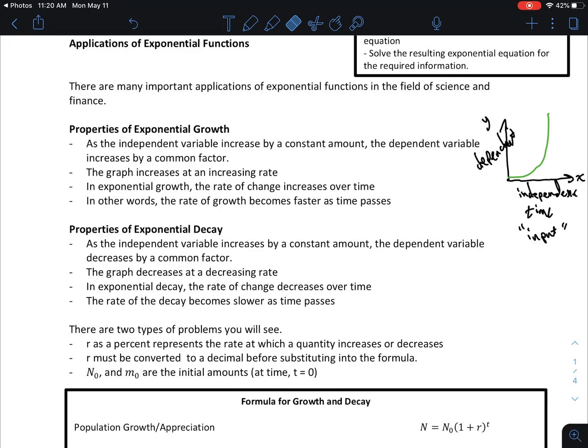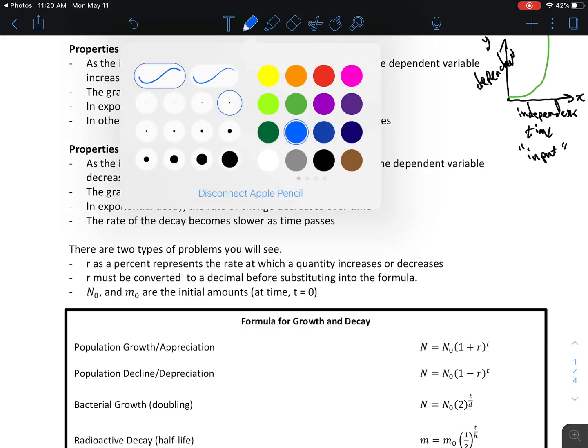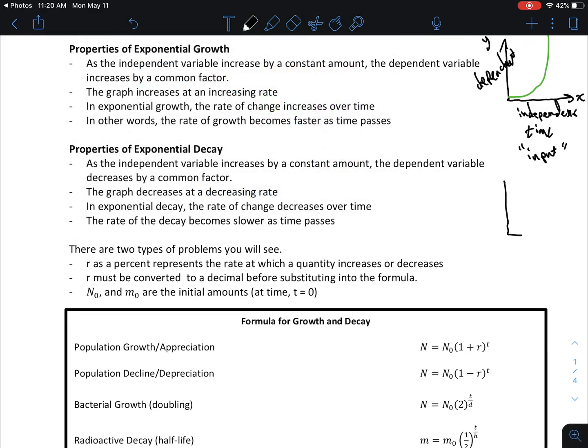That might not be the best example, but that's what we're building towards. In exponential growth, the rate of change increases over time. How quickly something is getting higher and higher can be modeled with an exponential. In other words, the rate of growth becomes faster and faster as time passes.